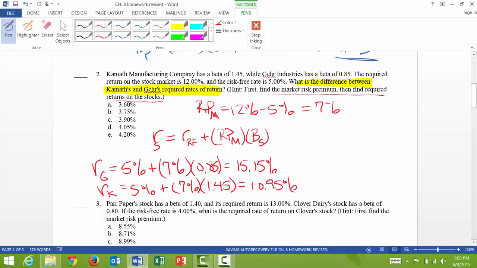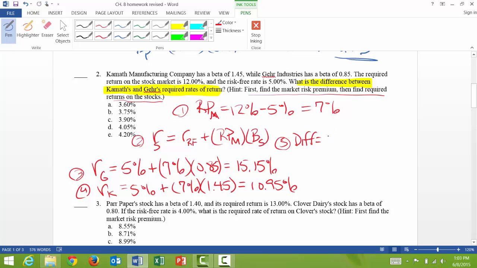And this one, remember in yellow, asks for the difference between their two rates of return. So this could be like step 1, step 2 is to write the equation, step 3, step 4, and step 5.